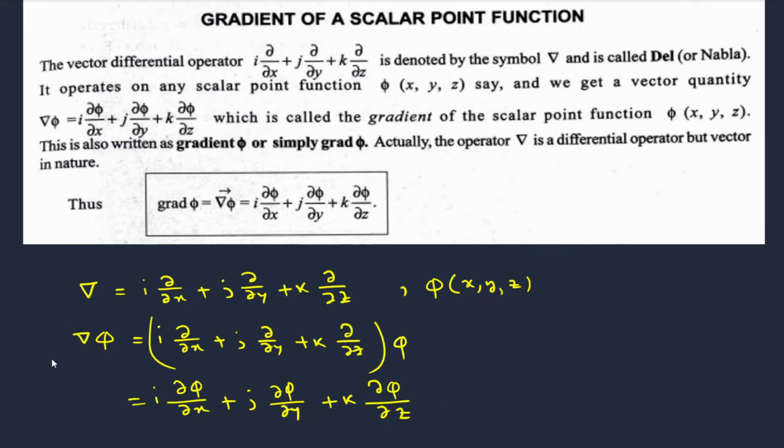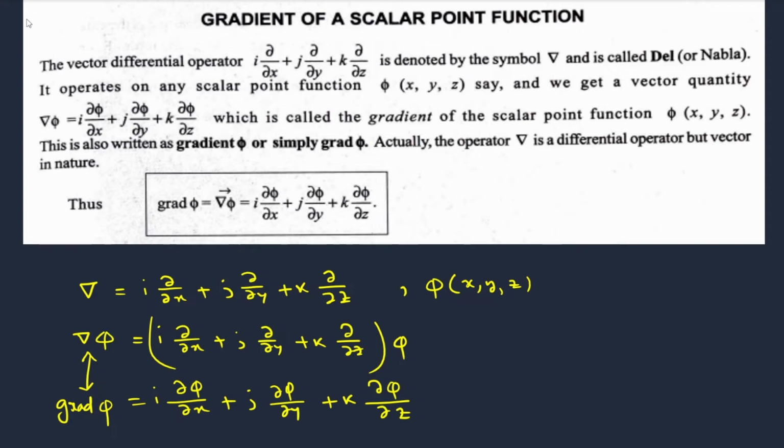Now this nabla phi, or del phi, is called the gradient of a scalar point function. We can denote it like this also, grad phi. So either we write nabla phi or grad phi; this is nothing but the gradient of a scalar point field or scalar point function.